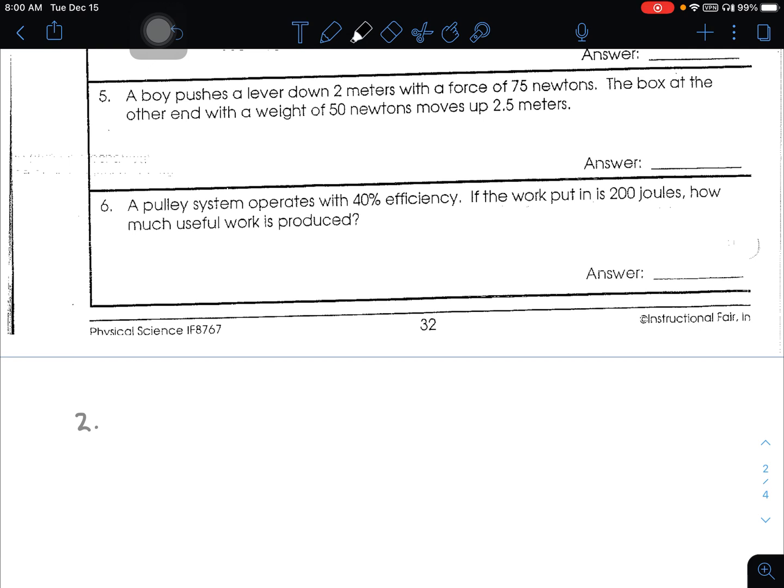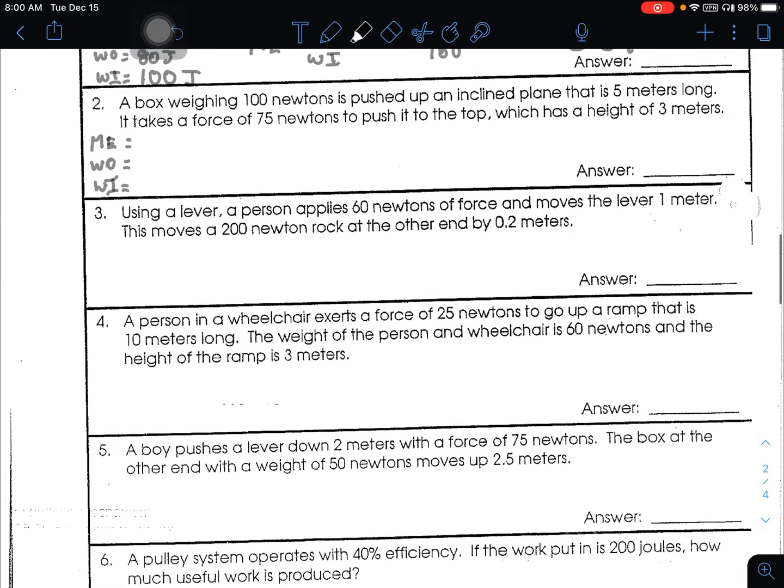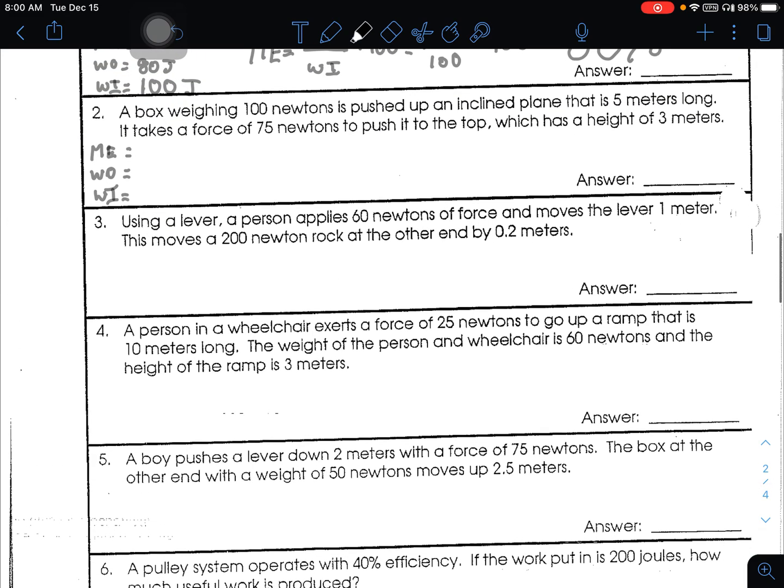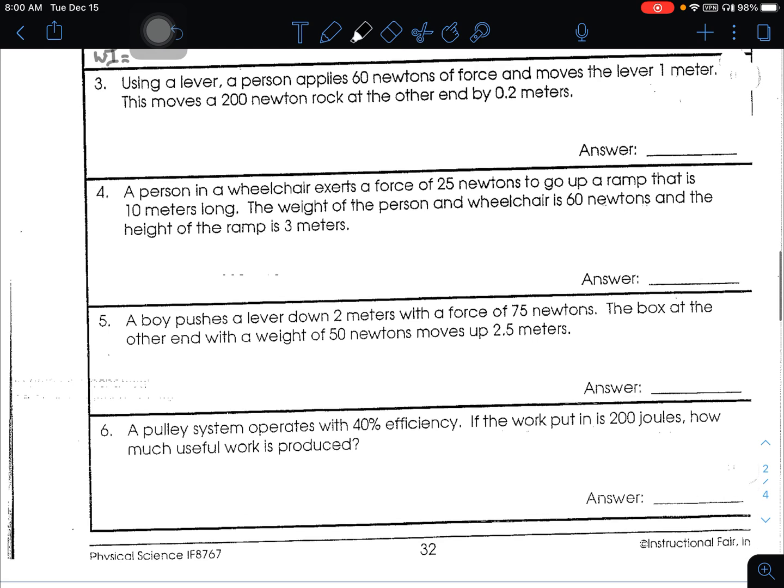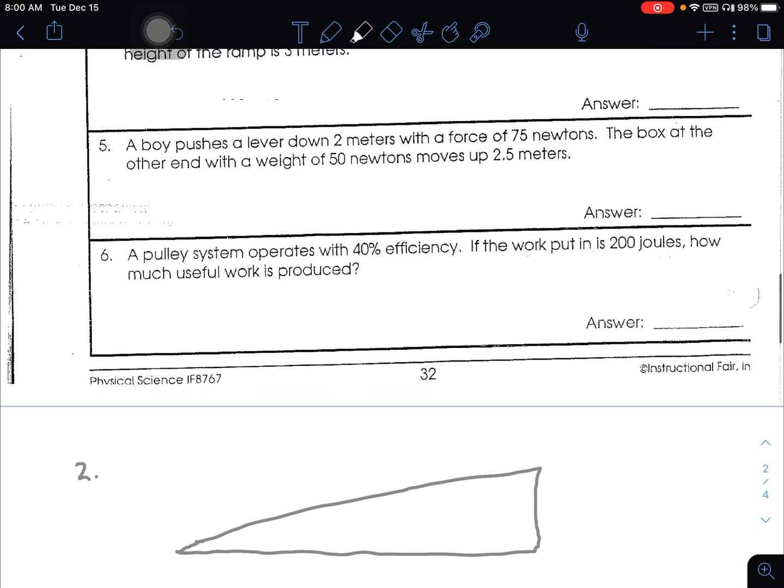And I've got a problem with an incline plane, also known as a ramp. I'll draw it the best I can. I'm going to go back up here. A box weighing 100 newtons is pushed up a plane that is 5 meters long. Okay, so this is 5 meters, the length of this ramp from here to here.